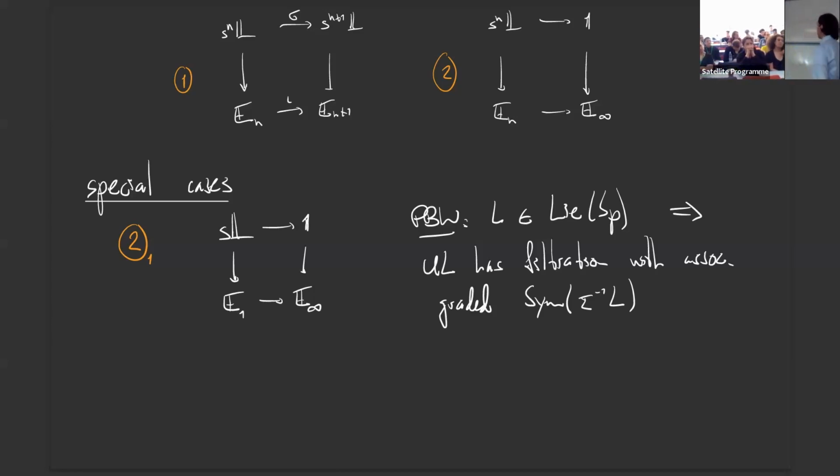Here I'm writing the free symmetric algebra on the desuspension of L. The grading shift is there because this spectral Lie operad has its bracket in degree -1 rather than in degree 0. Otherwise, up to degree shifting, this is a version of the usual PBW theorem. If you apply this to rational spectra, it really reproduces the classical PBW theorem.